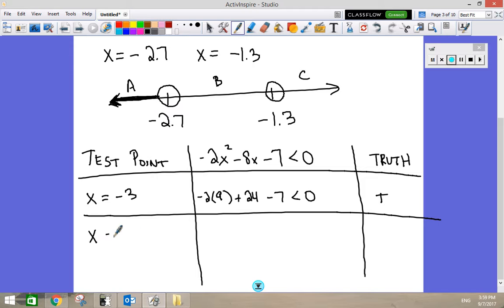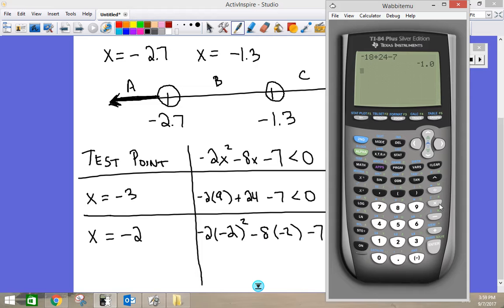Let's pick a test point in region B, a number that's between -2.7 and -1.3. I'm going to pick -2. If we replace x with -2, what do we get? Question is, is it less than 0? So -2 squared is 4, and -2 times the positive 4 is -8.